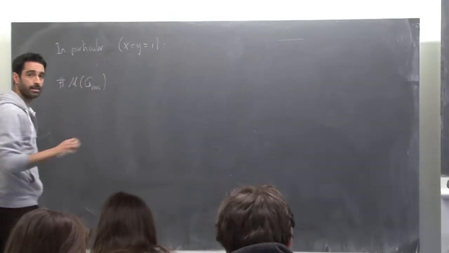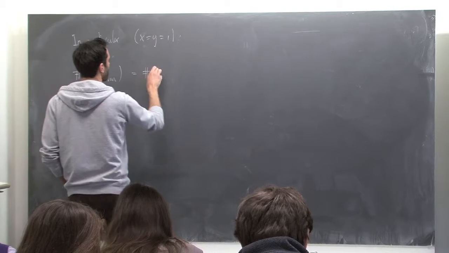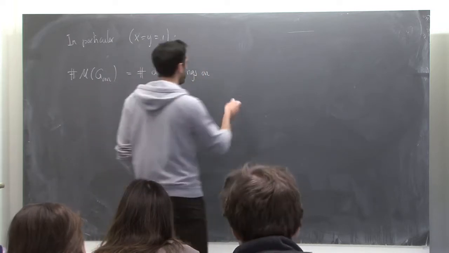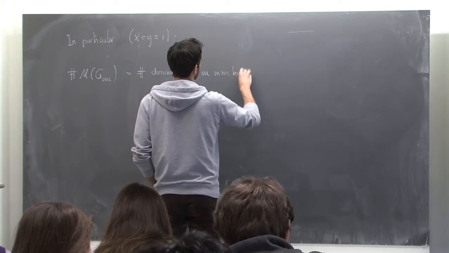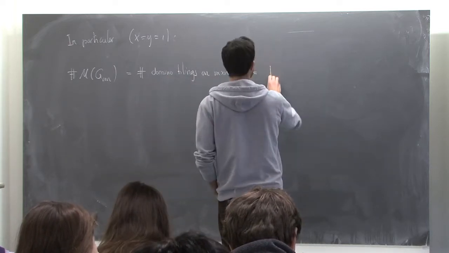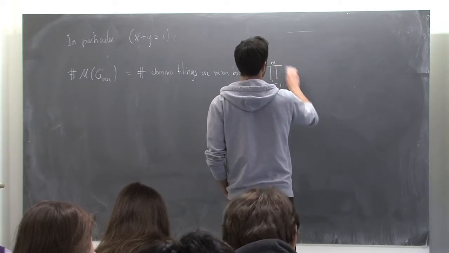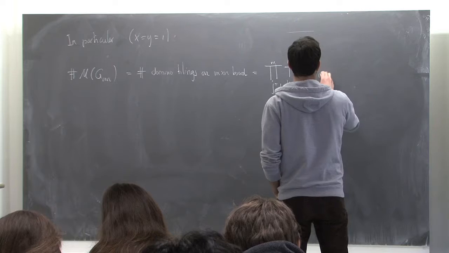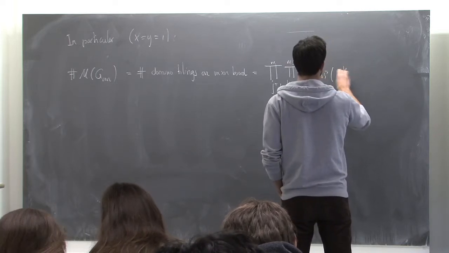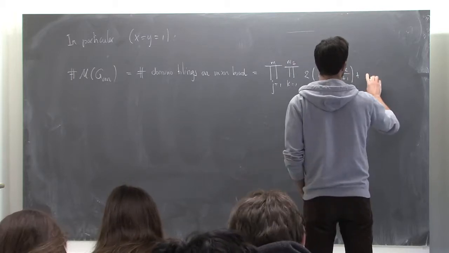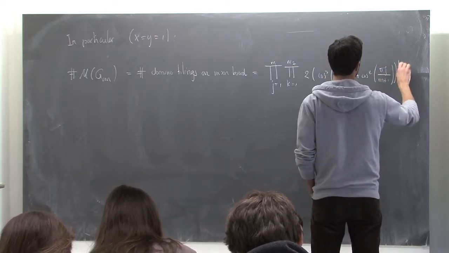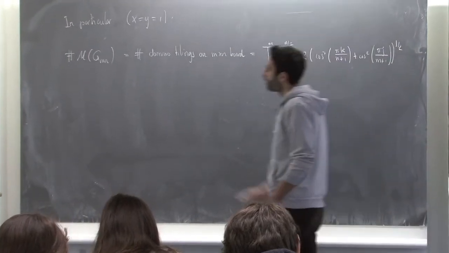We get the number of perfect matchings on an n times n square lattice, which is also equal to the number of domino tilings on the corresponding board, is equal to this same formula. So I'm going to give you some values in particular.